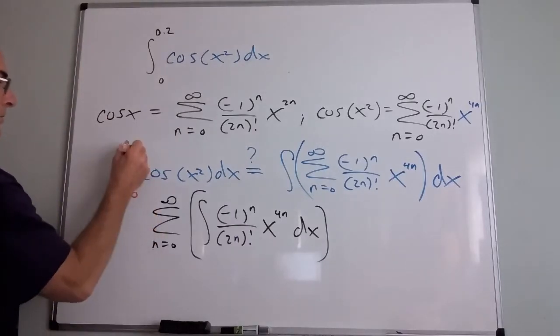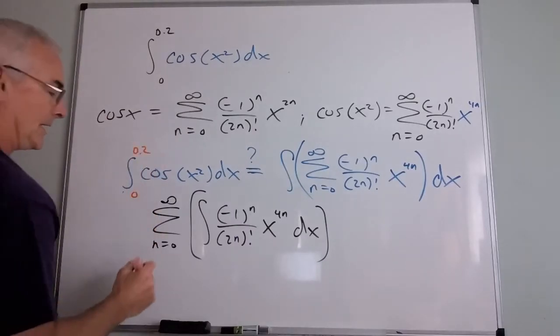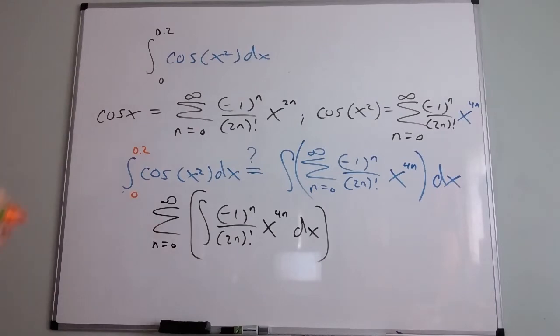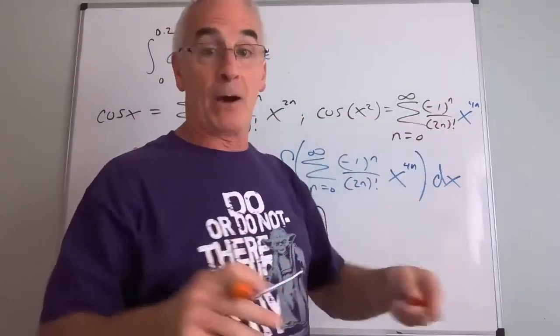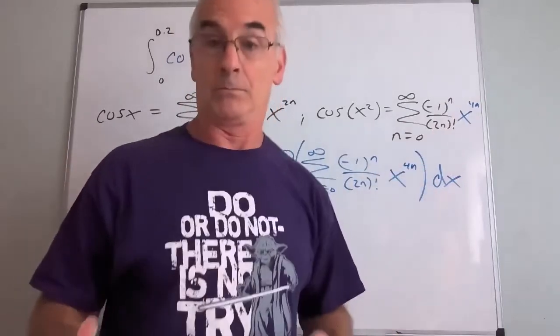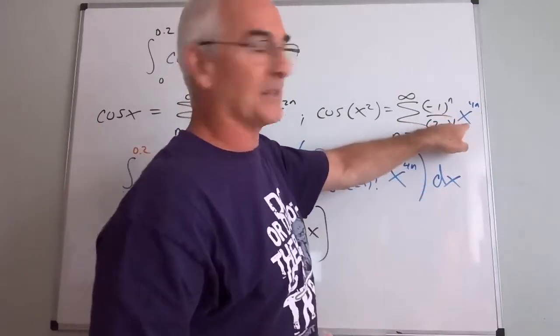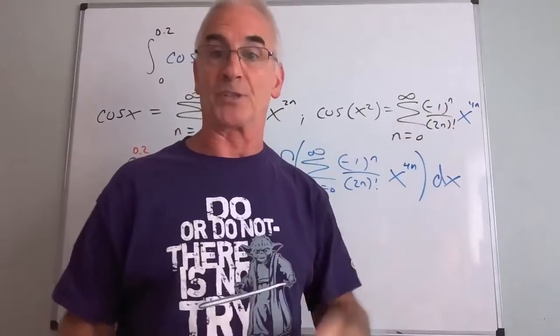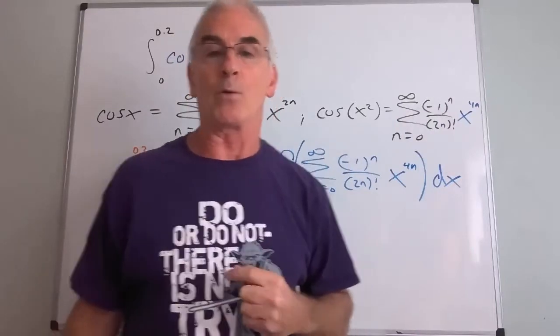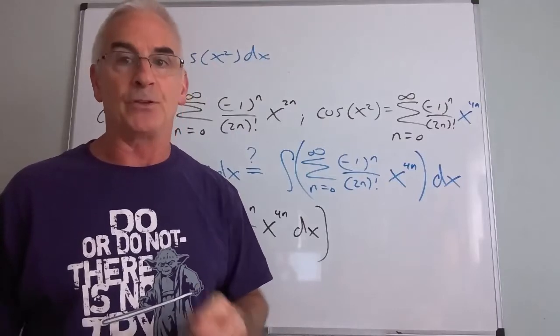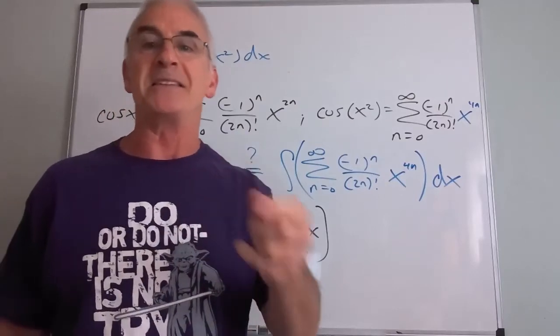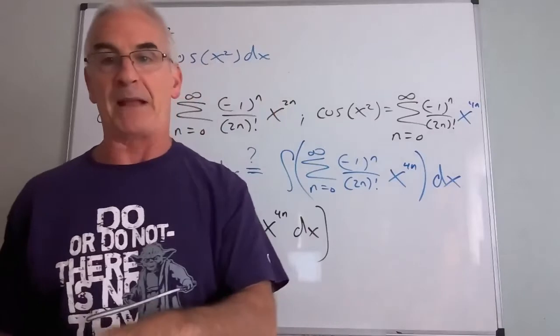So now let me go and put the limits back in. So when I had 0 to 0.2, and by the way, why 0? Because this expansion of the cosine, remember, is expanded about 0. It's not x minus c, it's just x to a power. So it was expanded about 0. And the way it works with the power series, if you want any degree of accuracy, you need to evaluate the power series near to the number you expanded it about.